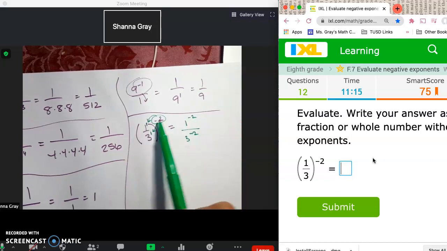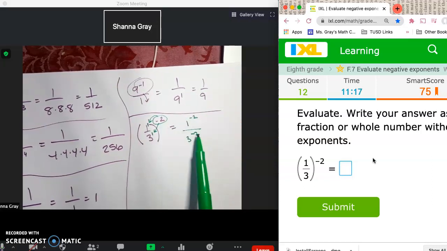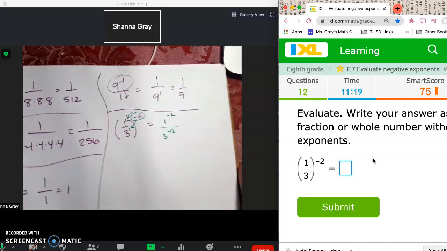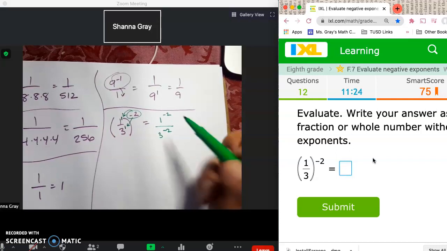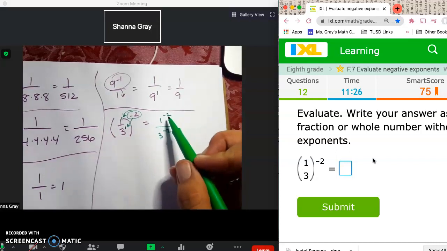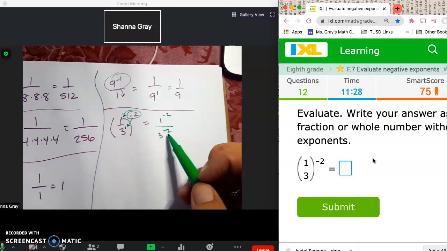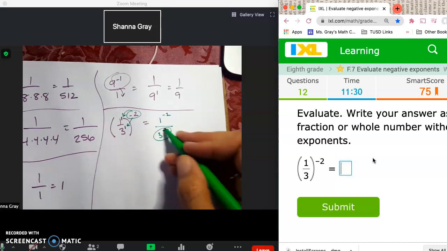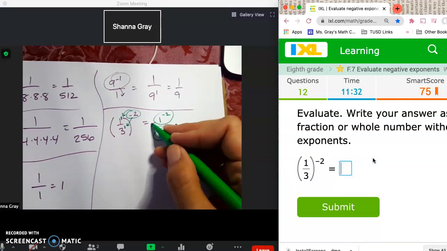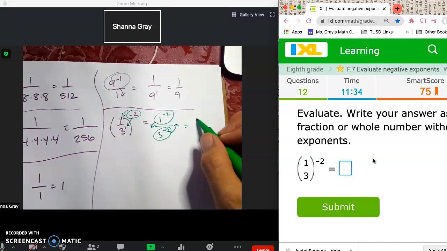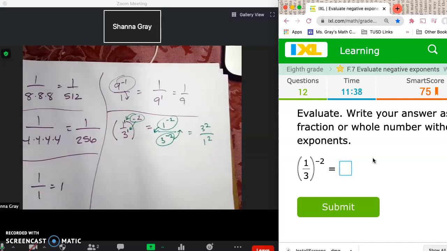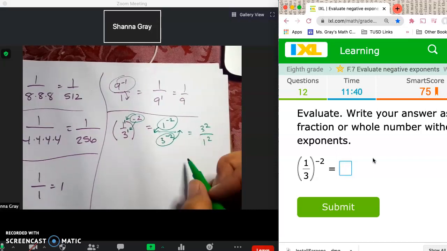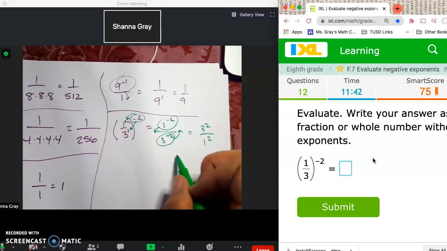So 1 times negative 2 makes that, and then 1 times negative 2 makes that. But the problem is if you think about that example of parents with a cranky baby, this parent has a cranky baby in the numerator, and this parent has a cranky baby in the denominator. So realistically, both parents just need to switch places. And then suddenly no more cranky babies. So 3 squared is 9 and 1 squared is 1. So this is really 9 over 1, which is just 9.